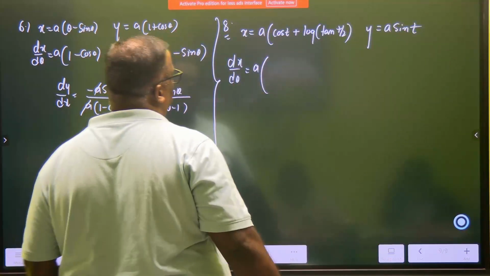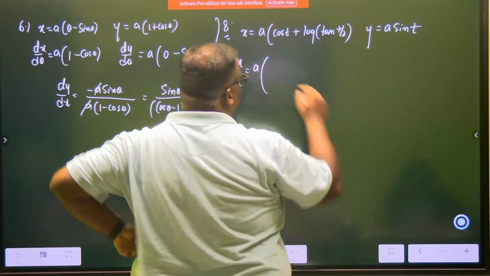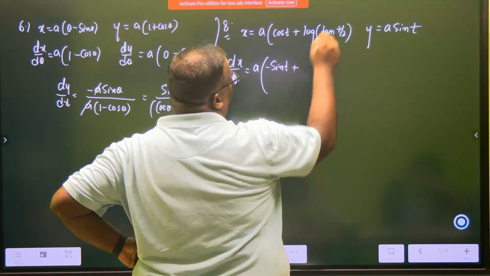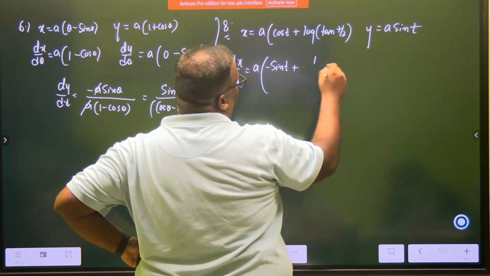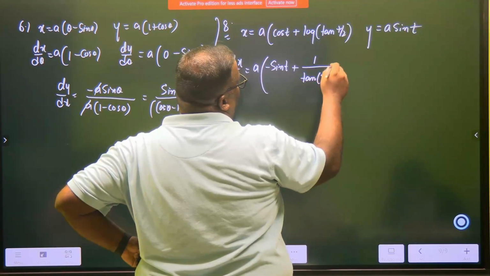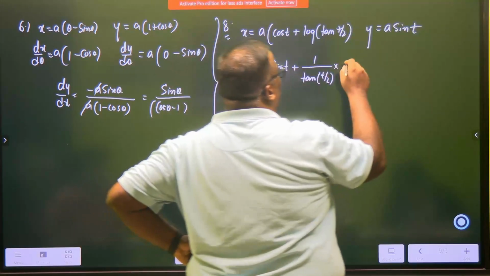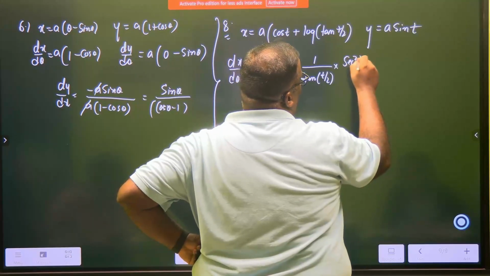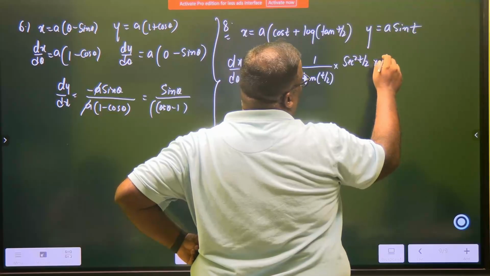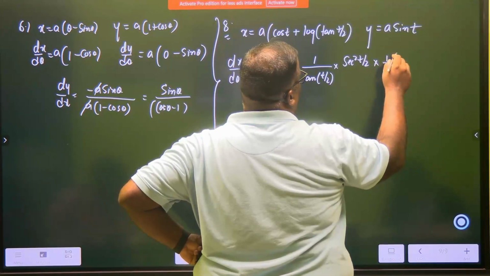So let's differentiate. Cos t will give me a negative sin t. Now differentiate this. This is 1 by tan of t by 2. Then d/dx of tan of t by 2 is sec square t by 2. Then d/dx of t by 2 is a half.